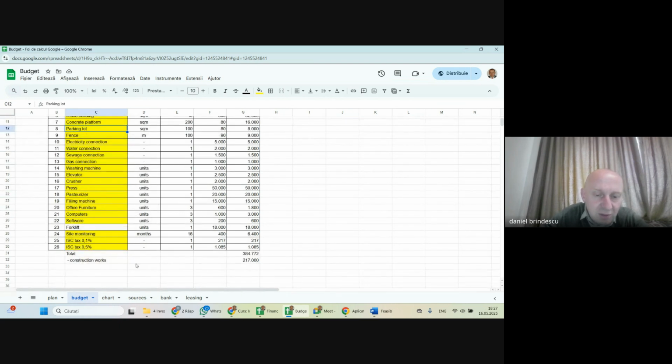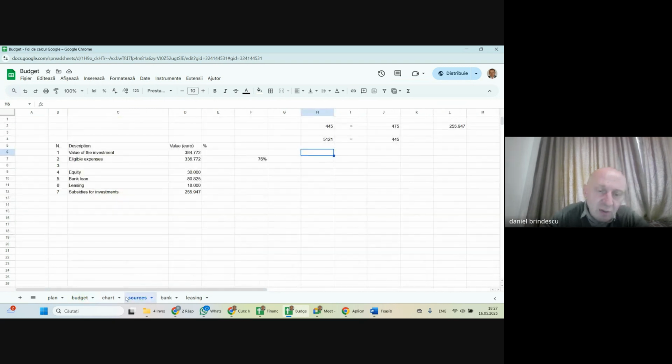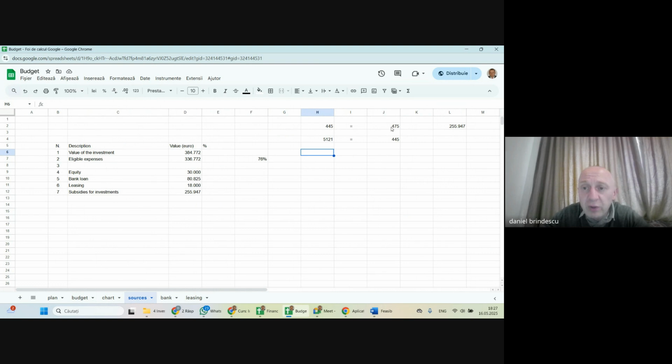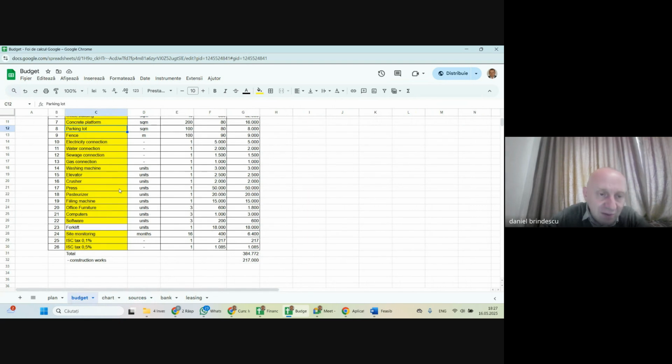You can see it on my screen. And at the end, by the end of the implementation period, on the right side of the balance sheet, we are going to have the entire value of the subsidy in the account 475, subsidies for investments. And on the asset side, we are going to have all these fixed assets, land, building, equipment, and so on.